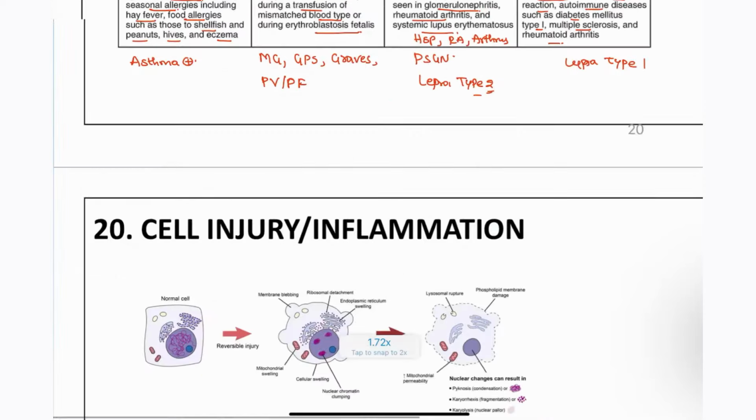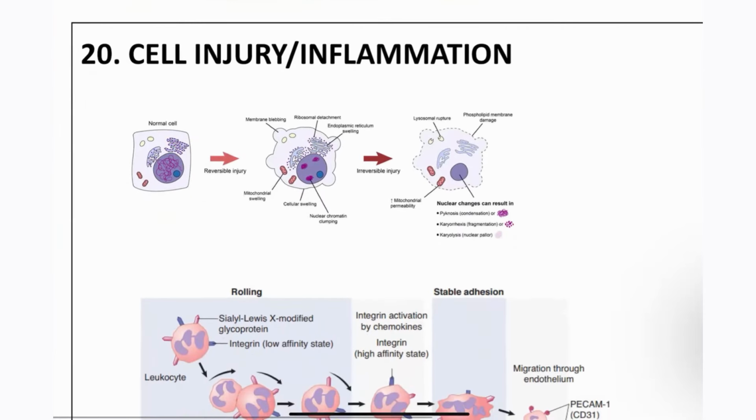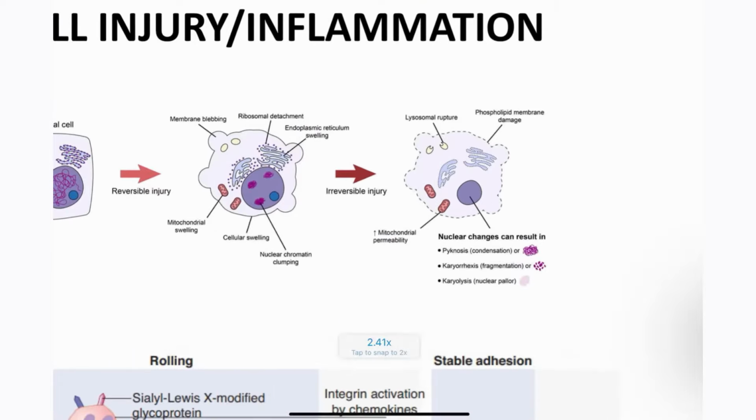Next, moving on to the cellular injury and the inflammation. In the cellular injury, you have to remember first what the important points are. First, the normal cell which goes under stress is going to cause cellular injury, and this cellular injury is going to be reversible. What are the changes? Membrane blebbing, mitochondrial swelling, cellular swelling, nuclear clumping.